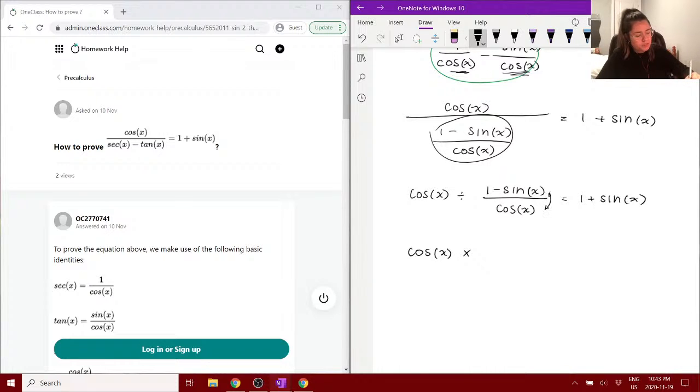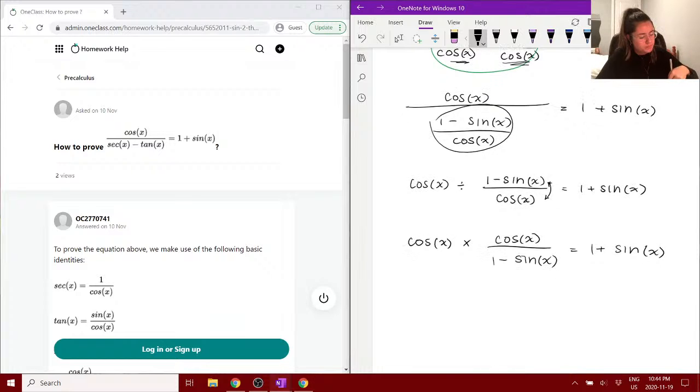The reciprocal of a fraction is flipping the numerator and the denominator. So that means we will get cosine of x now in the numerator, and we'll get 1 minus sine of x in the denominator. So we have 1 plus sine of x still on the right-hand side.